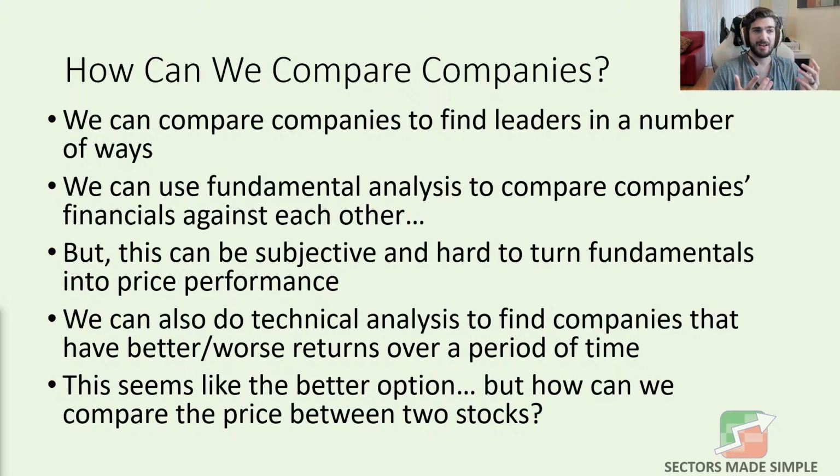You could say that a company that has higher price to earnings is worse value. You're spending more for less earnings. But that's not always a bad thing. Sometimes you want to spend a little bit more for better quality.